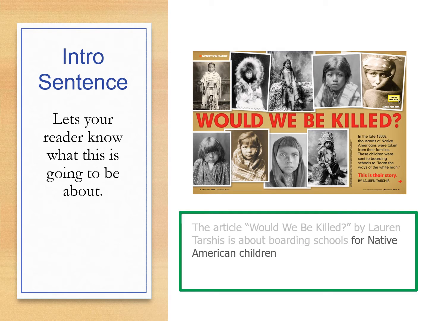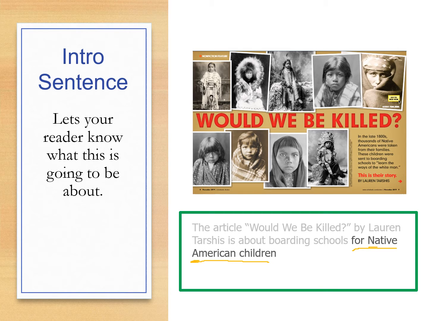We're going to add what kind of boarding schools these were. So we're going to say for Native American children. And you capitalize the N and the A in Native American. For Native American children. We're still not done.